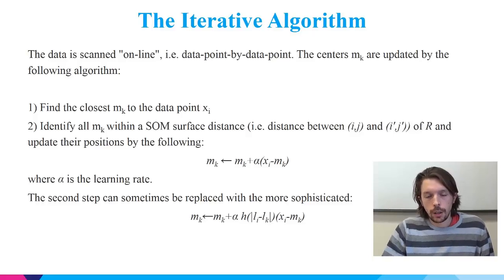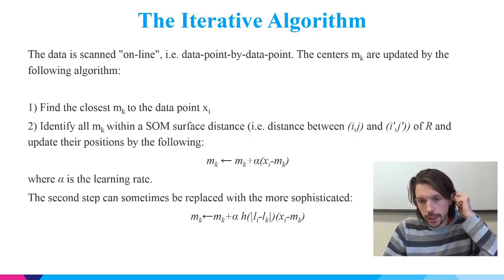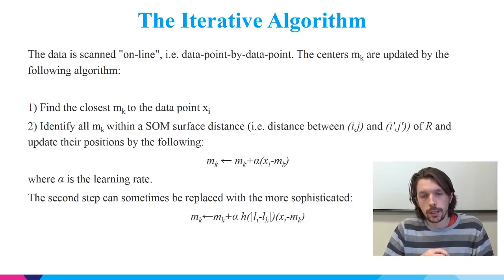Then, on the self-organizing map, you find all the centers which are within a given distance of mk. And this is the distance not in the Euclidean sense, but in terms of the surface of the self-organizing map.